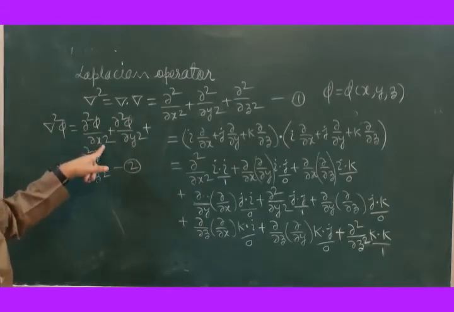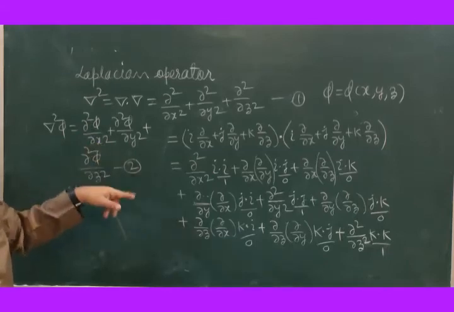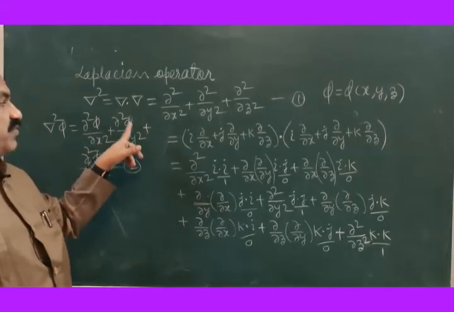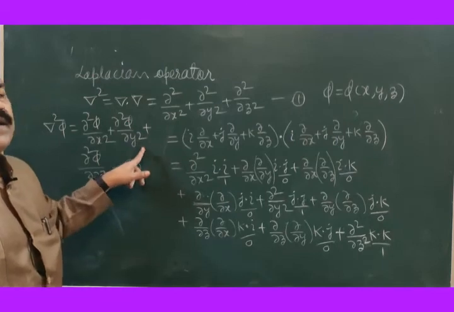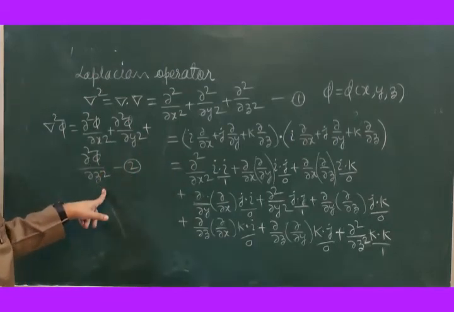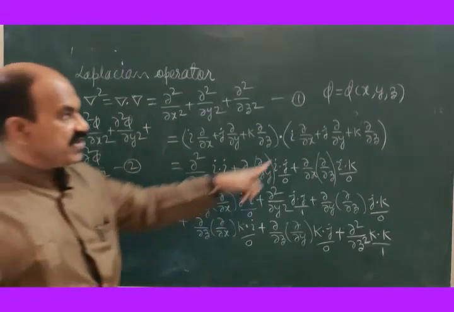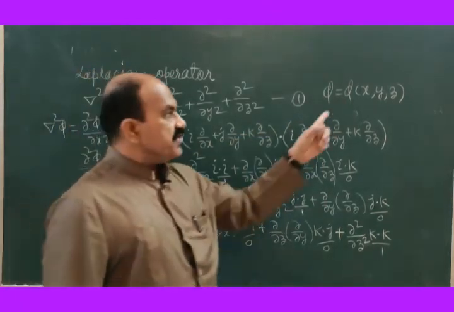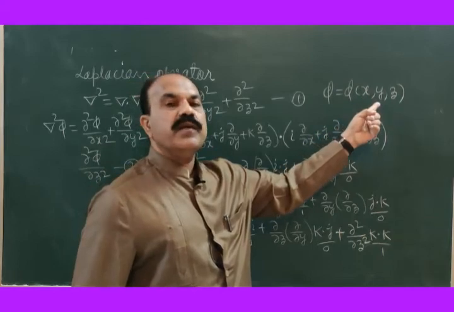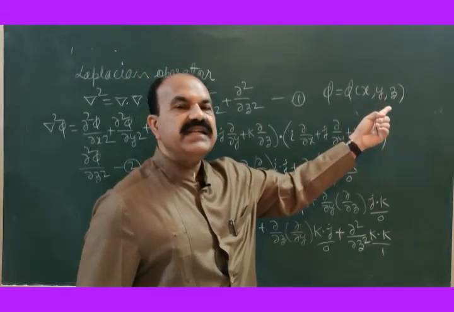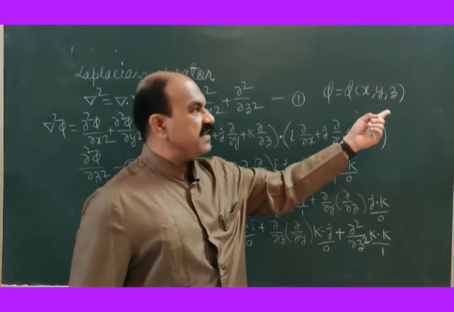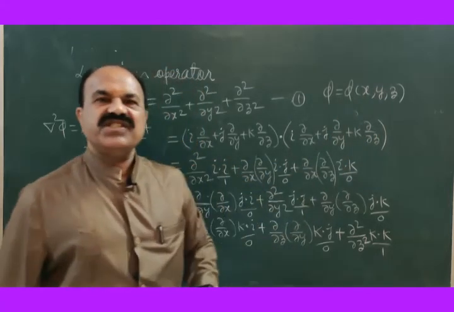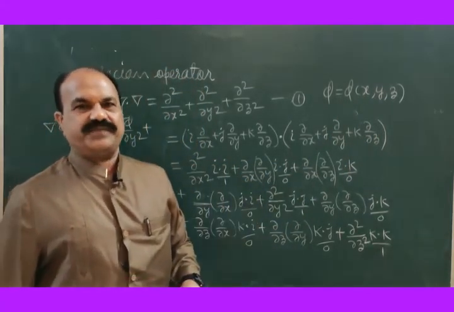Phi is differentiated 2 times with respect to x, 2 times with respect to y, and 2 times with respect to z, because phi is a point function which is a function of the point specified by coordinates x, y, z.